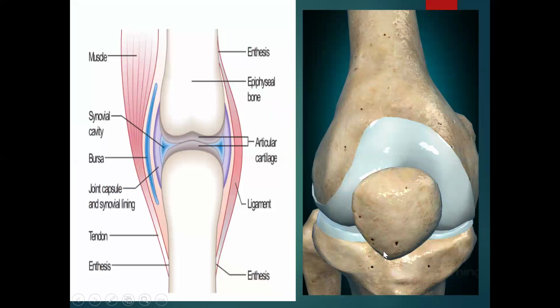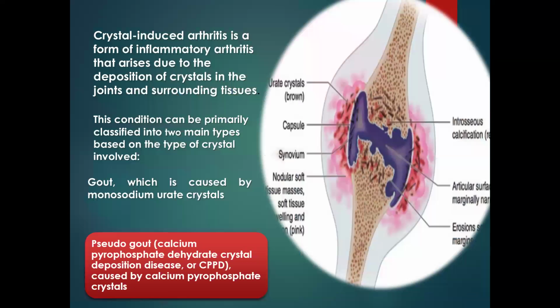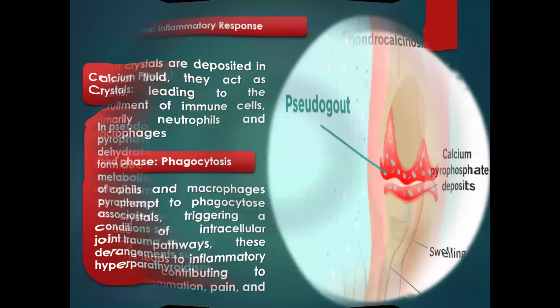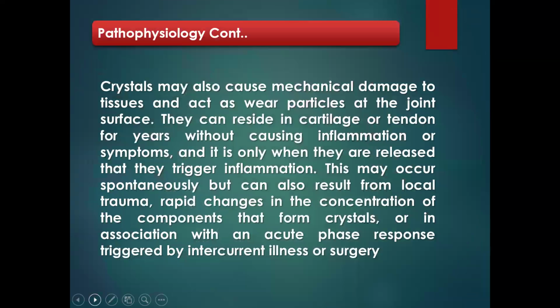This is already very smooth and moving comfortably. All of a sudden, crystals like stones are deposited here. What will happen? It will lead to destruction of these smooth surfaces, and that's what we mean by mechanical damage. And when that happens, the joint is already destroyed.